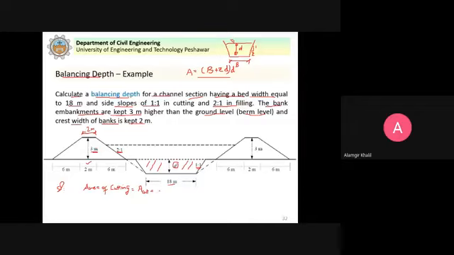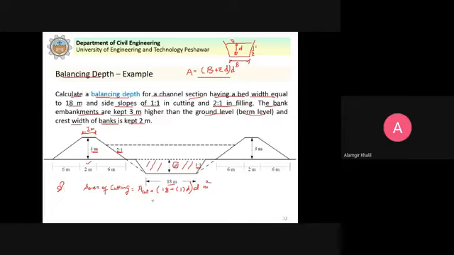Now according to this equation here, you can see that the bottom width is 18, plus we have Z. Z is 1 here, the side slope is 1:1, so Z is 1, and D we have to calculate, so this is D into D. This is square meter.